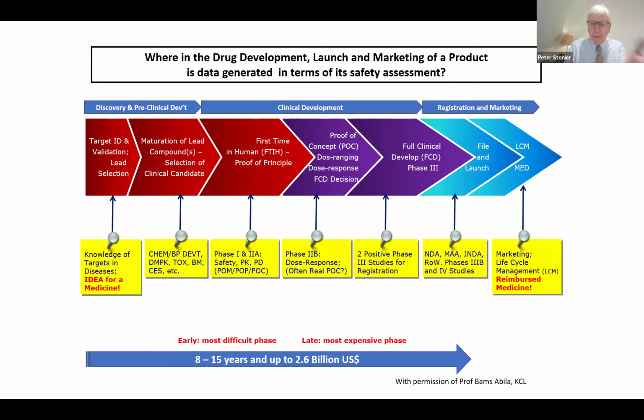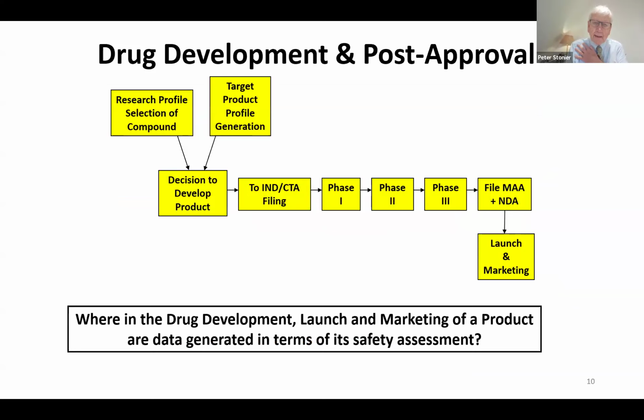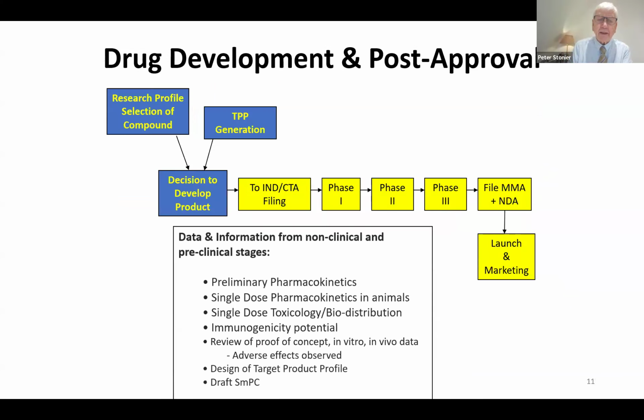So this is a representation of that, but I'm going to look at it in more detail from a diagrammatic point of view, very briefly, because we don't have a lot of time, to show where in drug development, in the launch and marketing of a product, the data is generated in terms of its safety assessment.